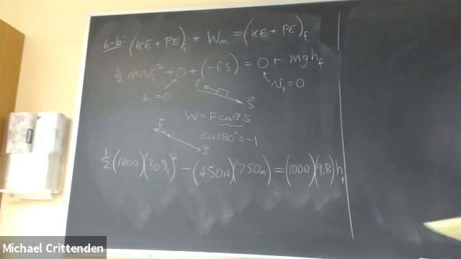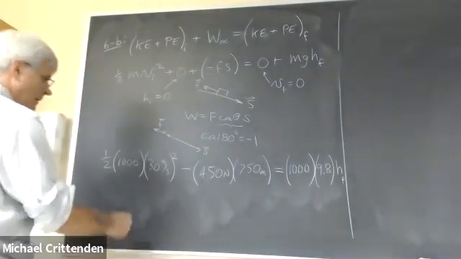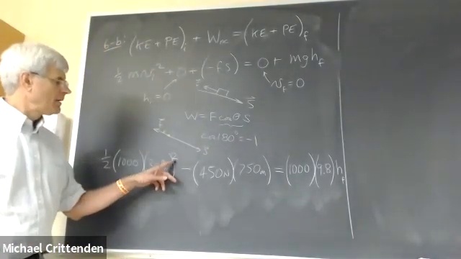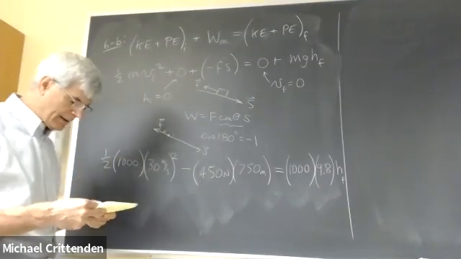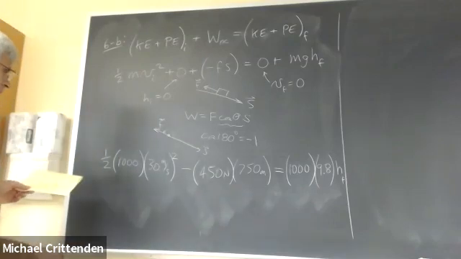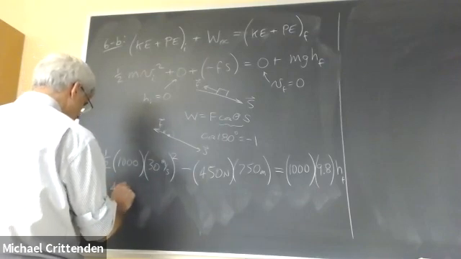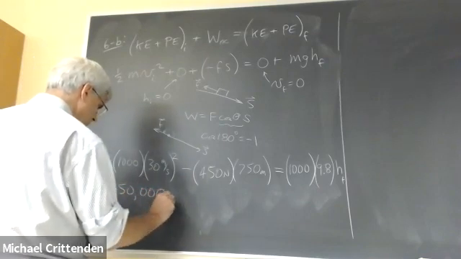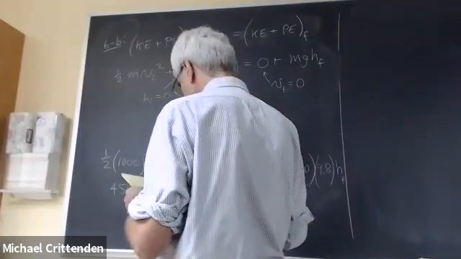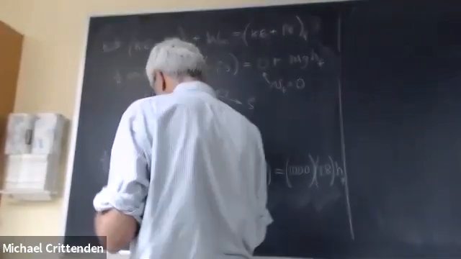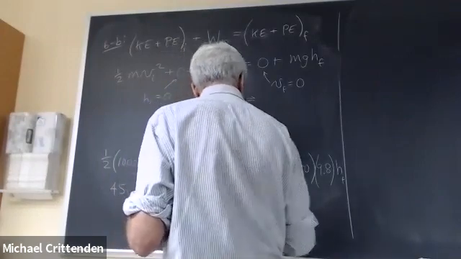Some big ugly numbers. I'll write them down in case anybody needs to check their arithmetic. Classic example: somebody probably forgot to square the velocity. People do stuff like that, and I knock off half a point on a quiz. But if you remembered to square the 30, this should be 450,000. That times that is 337,500.